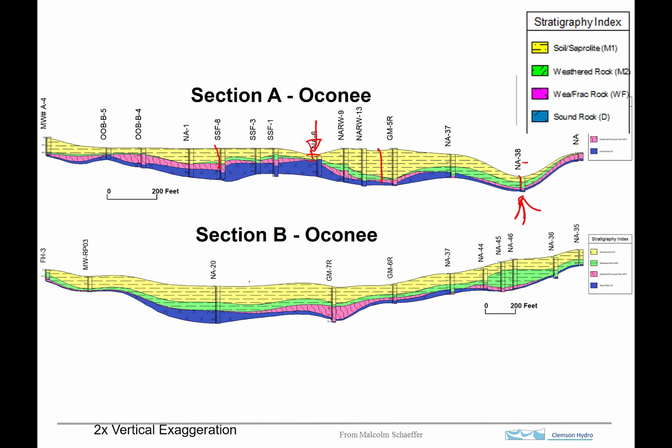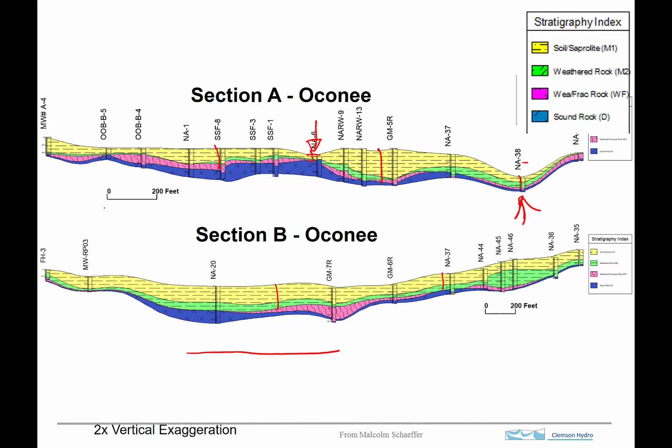In over this one, section B, though, you can see that this low-lying part of section B is the thickest. It's thicker than here. So there is perhaps some evidence that in places the weathering gets thinner underneath drainages compared to uplands, but there are exceptions.